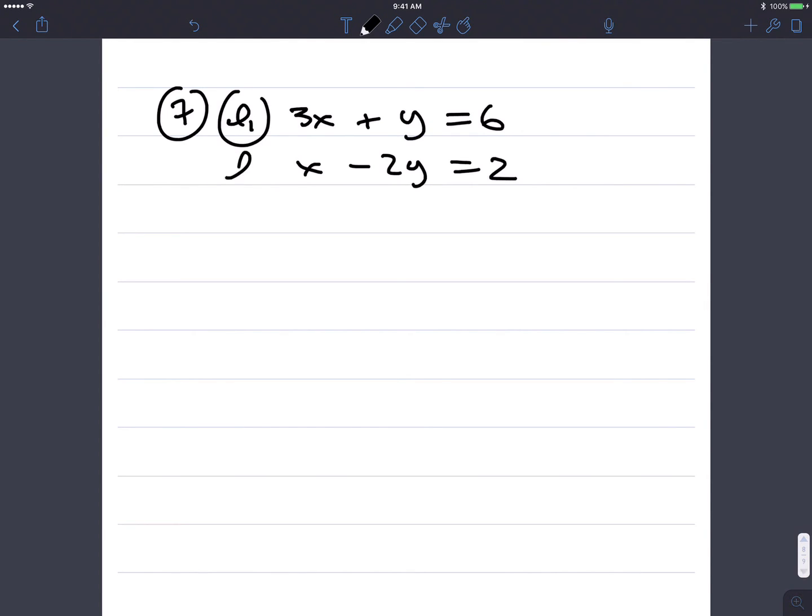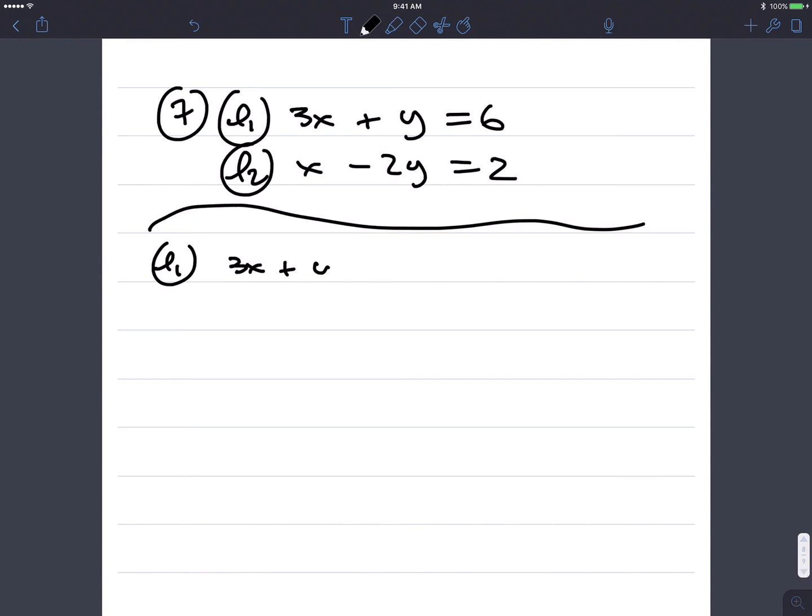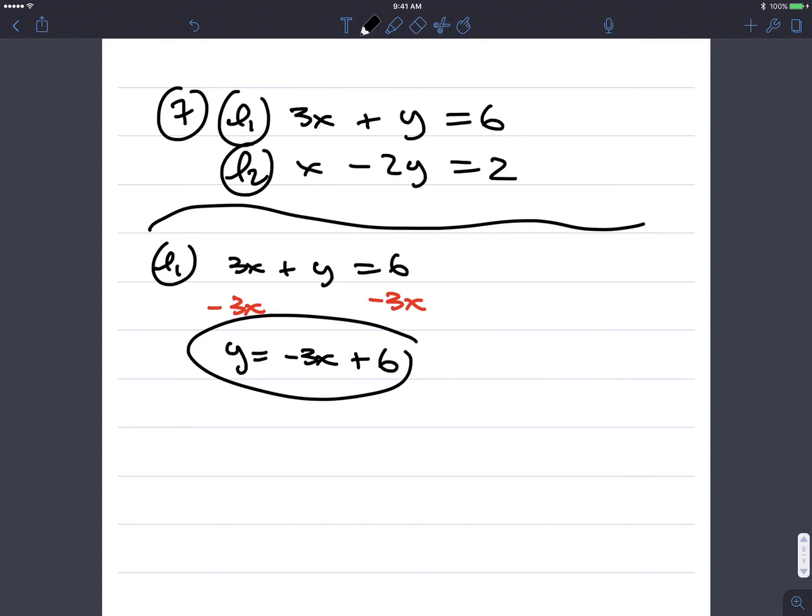Line 1 and line 2. Let's do the work. We're going to have to solve for y. So let's subtract our 3x from both sides. Then you get y equals -3x plus 6. Here's my first equation.